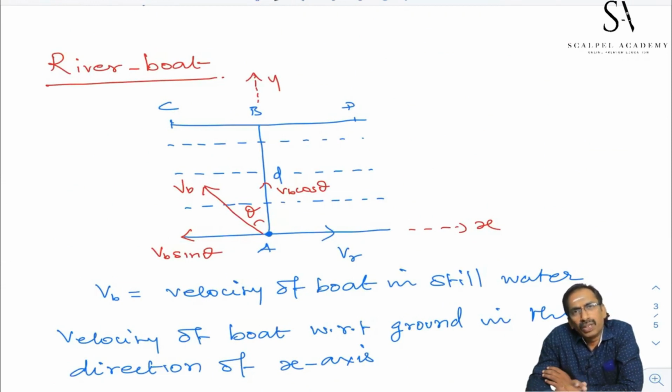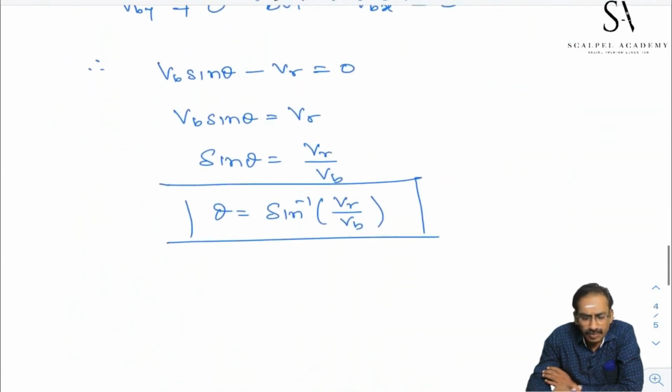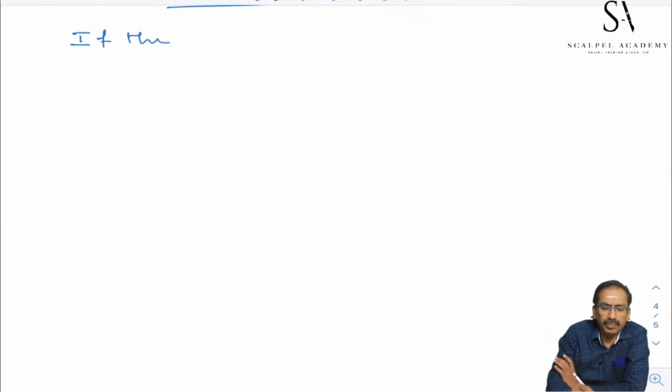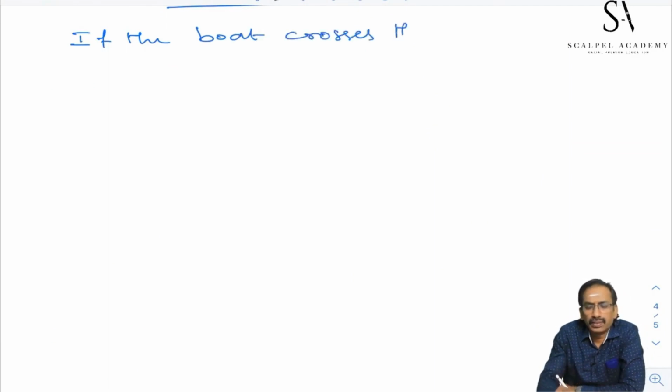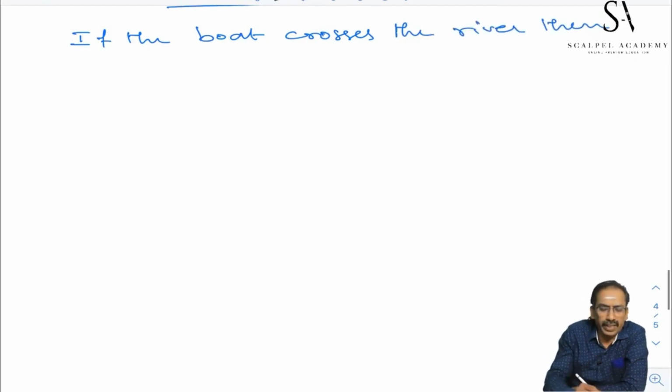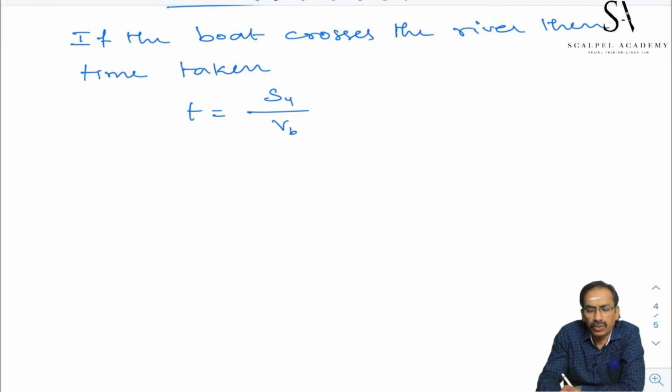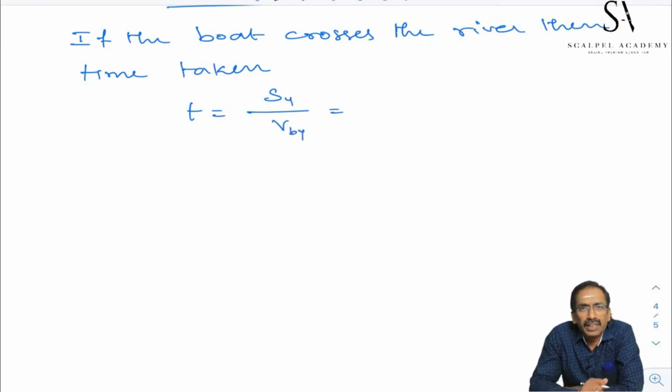If the boat crosses the river, then time taken T is equal to y-axis displacement by velocity of boat along the y-axis.